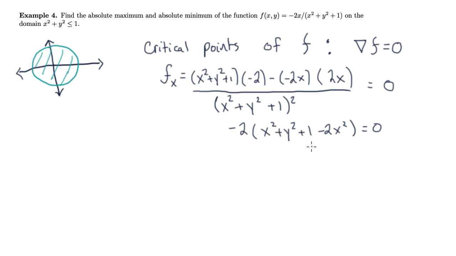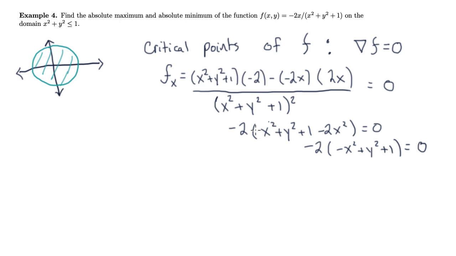Or in other words, minus 2 times minus x squared plus y squared plus 1 equals 0. So that's just the partial with respect to x, and I've set it equal to 0.